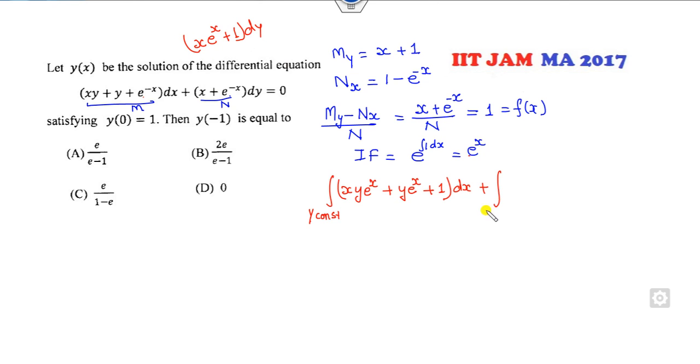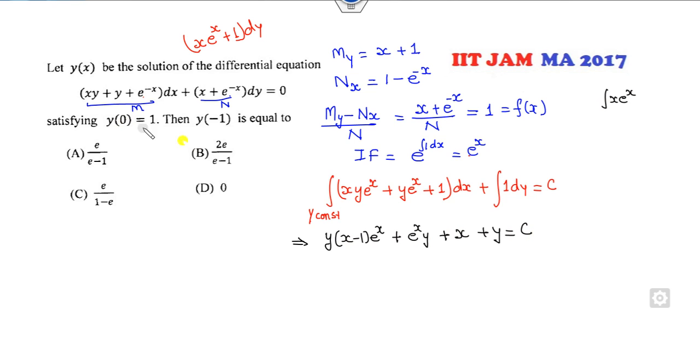Fine. So there is a 1 of dy is equal to c. So now y is a constant which is outside. What is the integration of x e raised to power x? We all know this is x minus 1 e raised to power x. So e raised to power x y plus x plus y is equal to c.